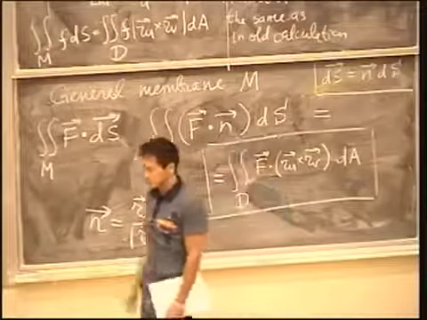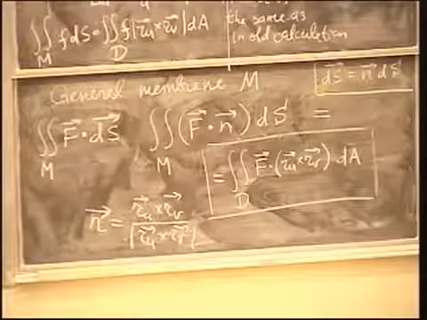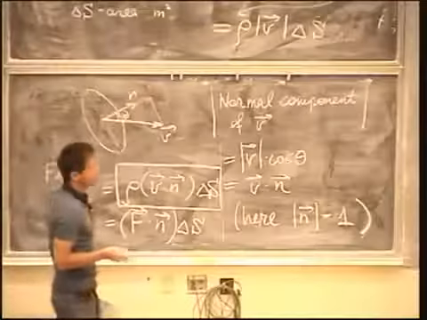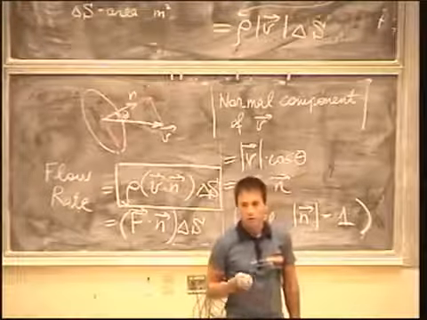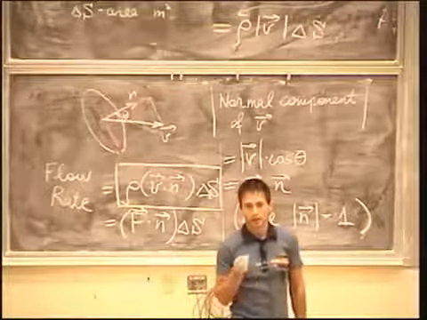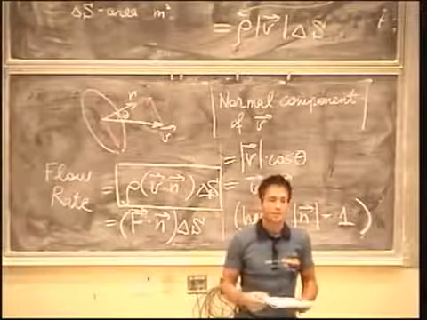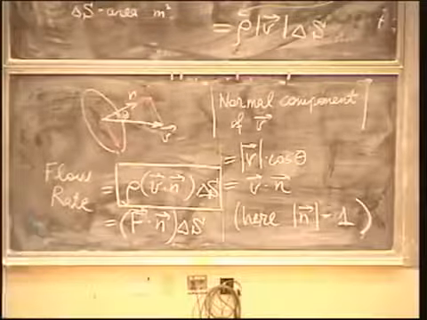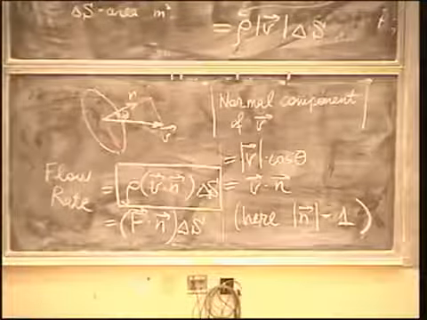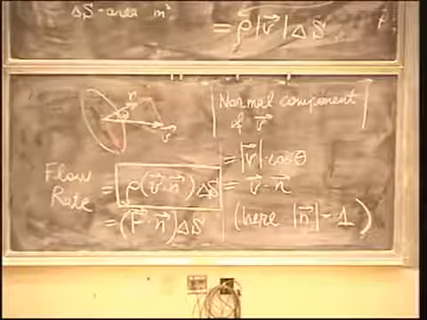So let me summarize. We are trying to understand what to make of an integral of a vector field across a membrane. And a good analogy is a line integral of a vector field. In the case of a line integral of a vector field, we had a different interpretation, because it was all about pushing something along the curve.